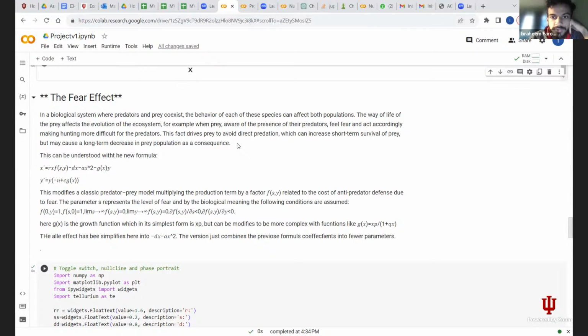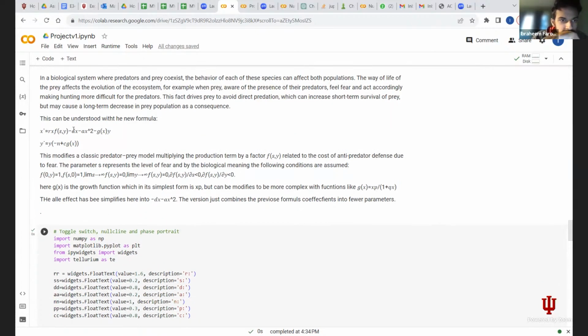This presumes that prey are aware of the presence of predators and they feel fear and act accordingly. This makes them try to avoid predation, which can increase the short-term survival of the prey, but oftentimes causes long-term consequences.